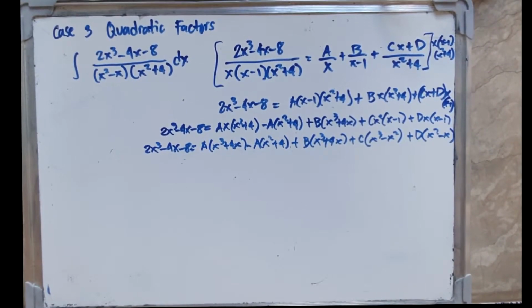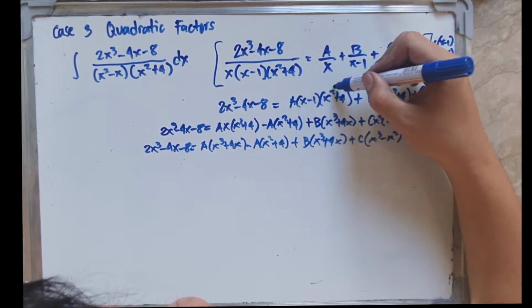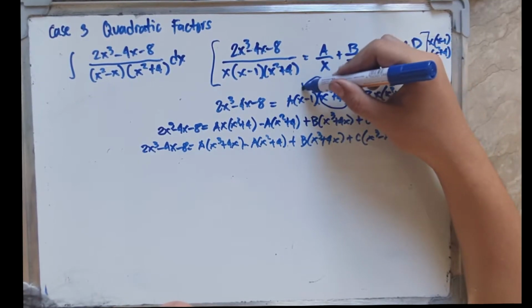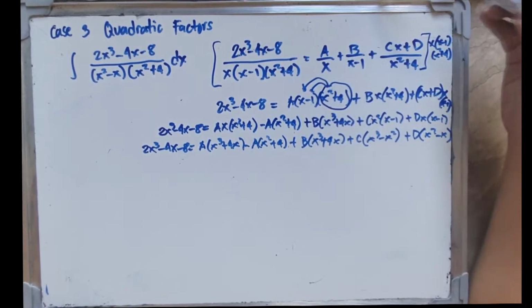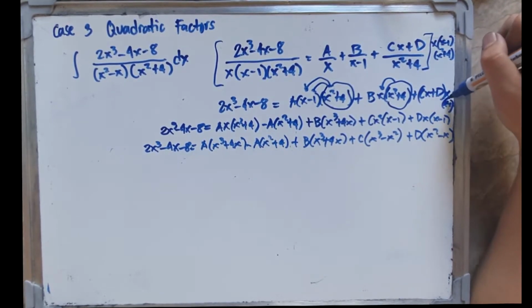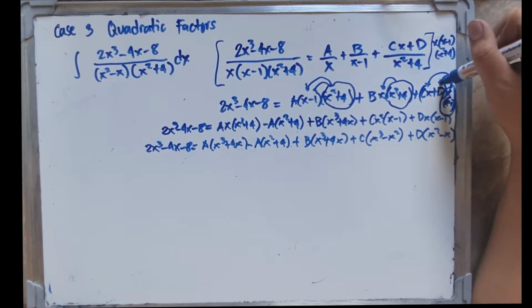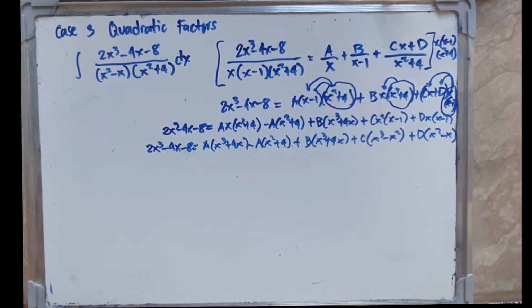Okay, so what I did is just I've distributed this part right here to this part right here, this part right here to this x, this part right here to cx and to d.